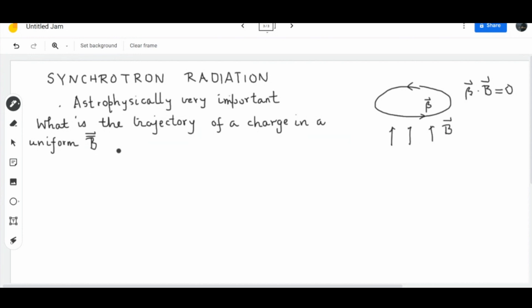This is a relativistic charge. I trust that all of you are familiar with the non-relativistic problem, so I'm just going to describe for you the relativistic equation, which you know already.